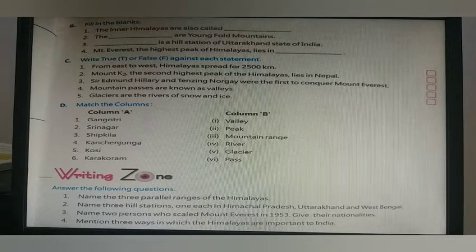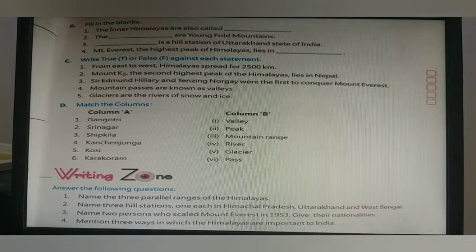They are quite easy. Now, let's answer the following questions from the writing zone. Name the 3 parallel ranges of Himalayas. Yes, the 3 parallel ranges of Himalayas are the Himadri, the Himachal and the Shivalik. Question number 2.